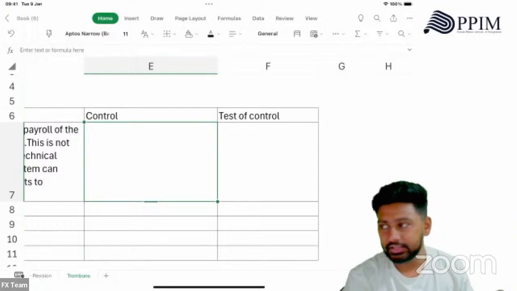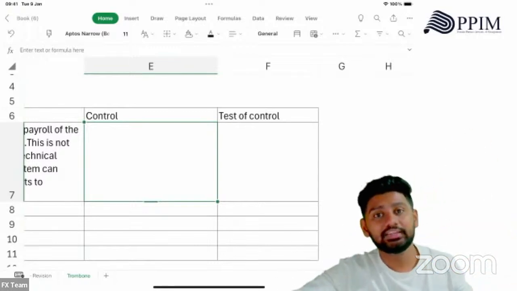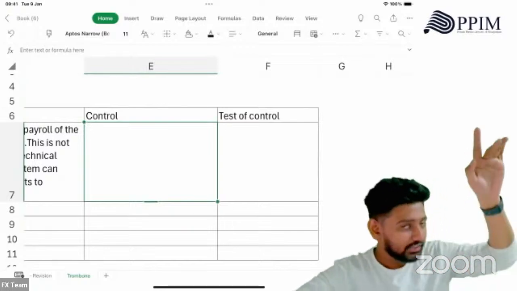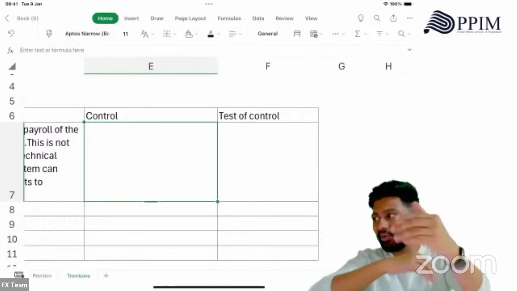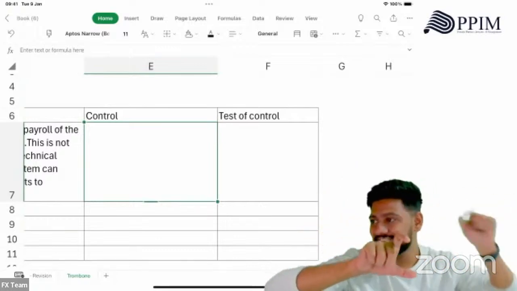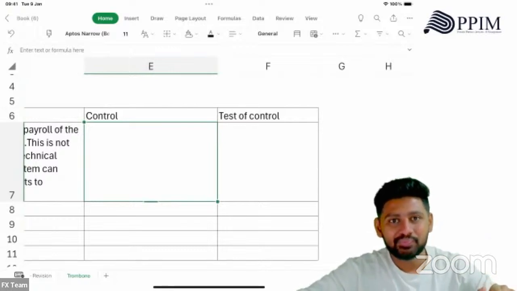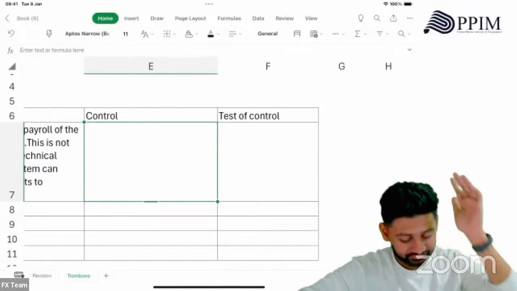There are 250 employees now. A control can be out of that 250, you take a sample, 10%. 25 employees, the payment is calculated now by the system. A payroll manager should review it to check if this is correct or not. The system has generated, that has to be reviewed. Are we clear?